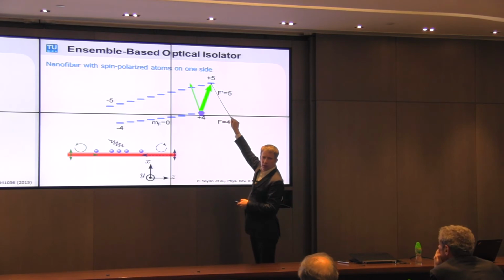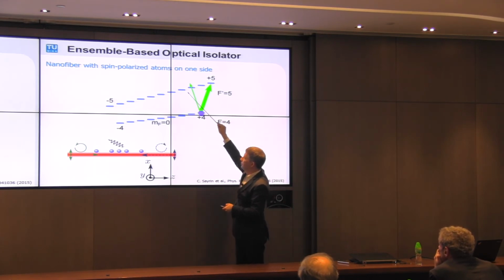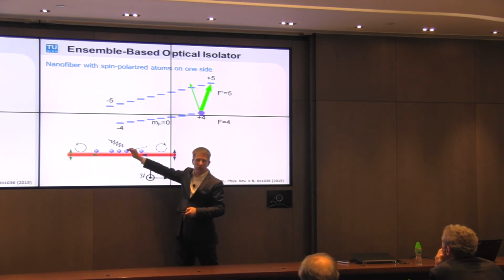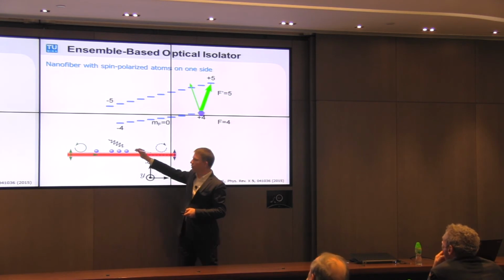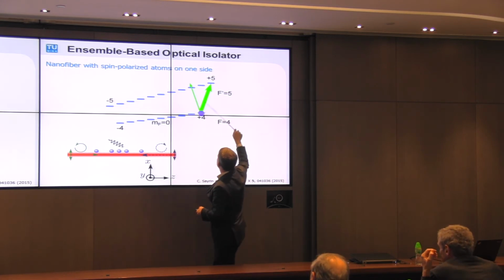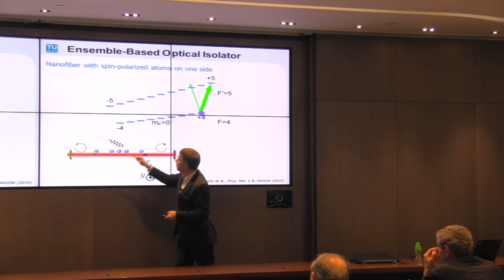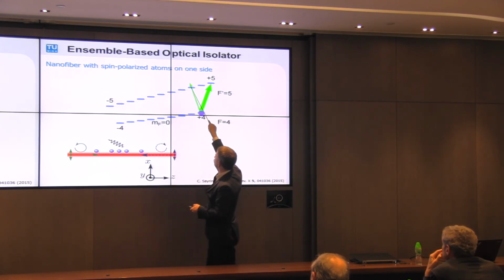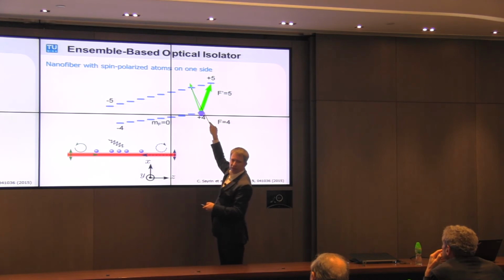But if I now apply a magnetic field which is normal to the direction of propagation, such that this polarization drives this transition and this polarization drives that transition, then I can use the Zeeman effect to tune this transition out of resonance.